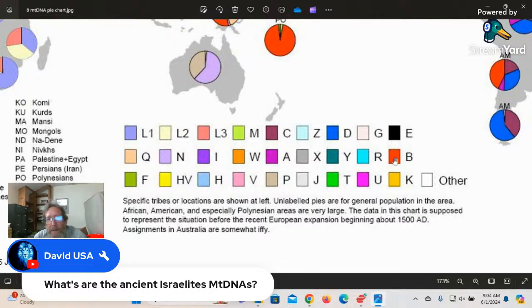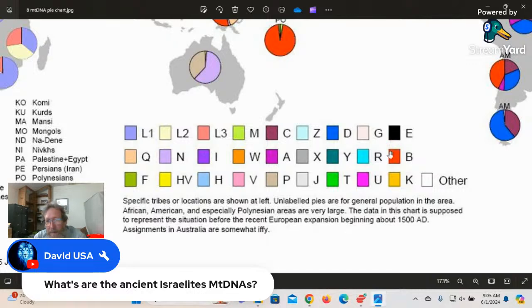And then there's a B. When you start the R, that starts another lineage, but it's still Semitic. So these are often Eurasian up here, even though the N is in the Jewish population. Most of these are Eurasian. Once it starts the R lineage, then that becomes Semitic again.